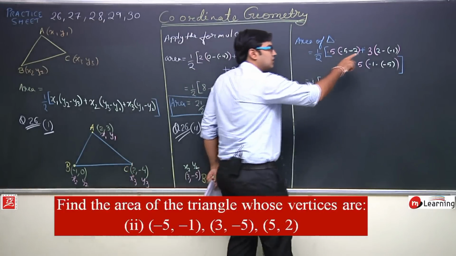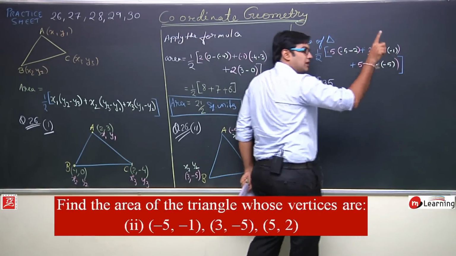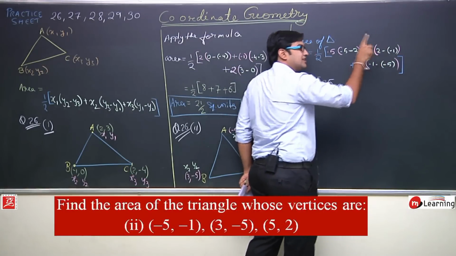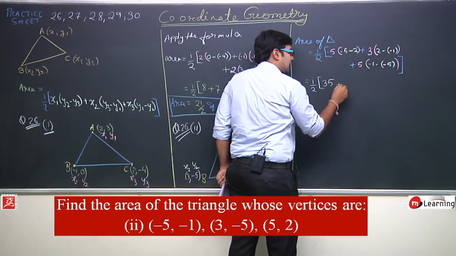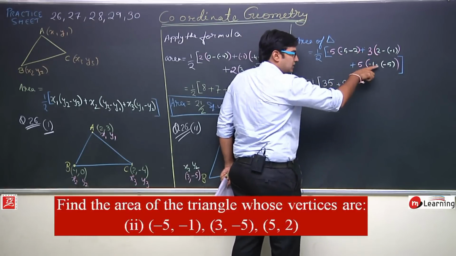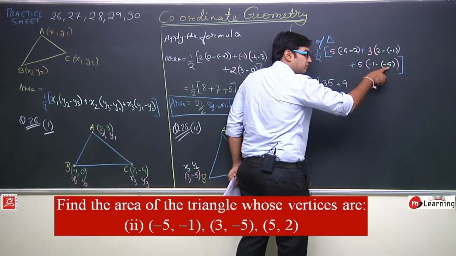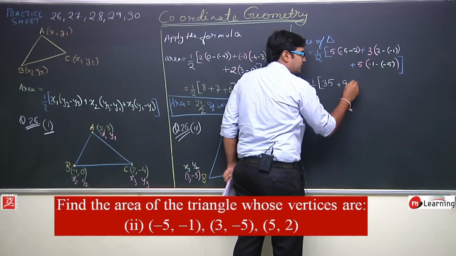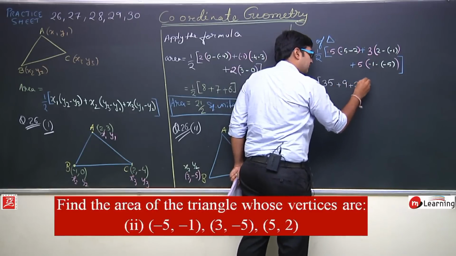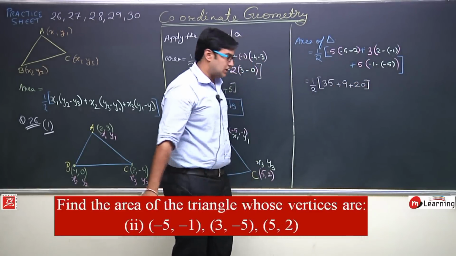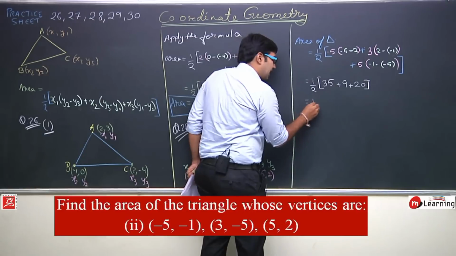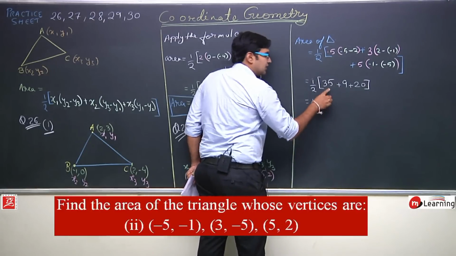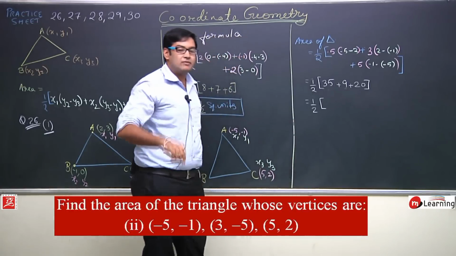Okay, then 2 minus of minus 1 is 1 plus 1, so 2 plus 1 is 3, 3 into 3 is 9, so plus 9. Then minus 1 plus 5 will give you 4, 4 into 5 is 20, so this is 20. Okay, so when you add this, now 35 plus 9, how will you add 35 plus 9?